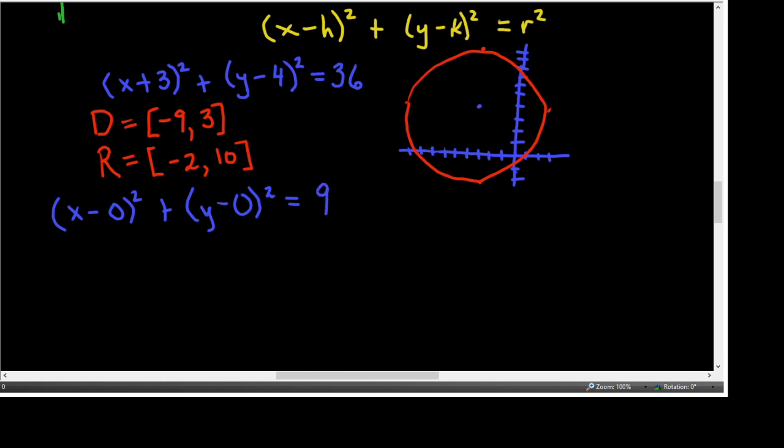So 3 squared is 9. Okay. That simplifies to be x squared plus y squared equals 9. I'm getting used to this, you can tell. All right, so that's the standard form of the equation of the circle that was described.